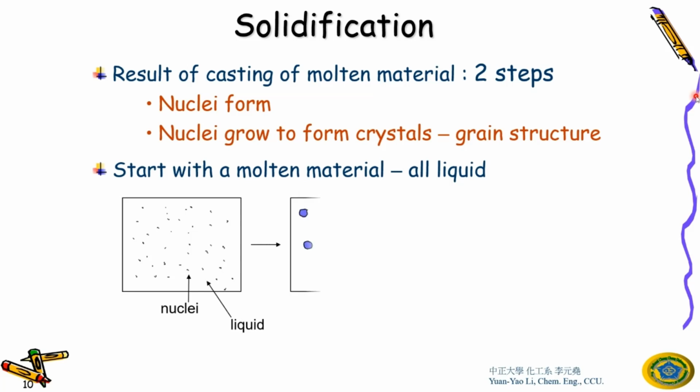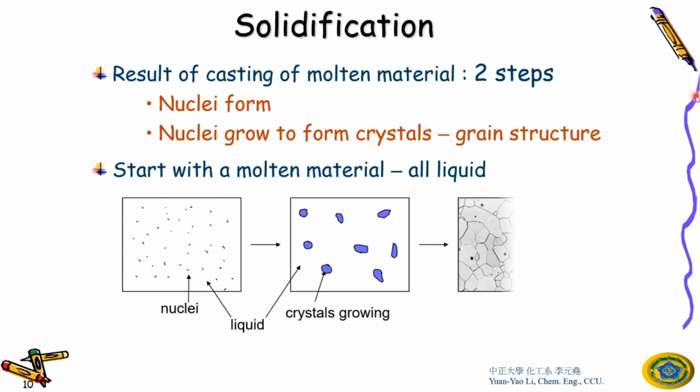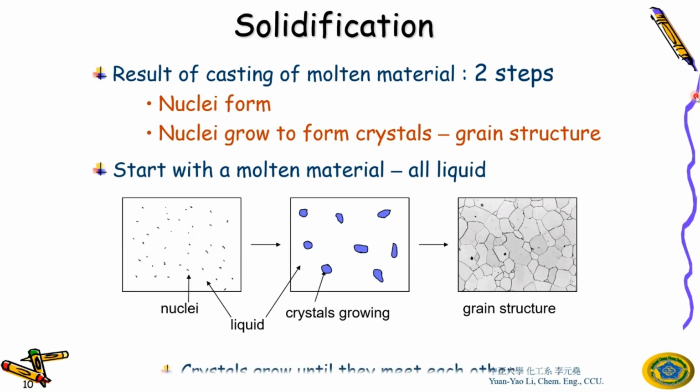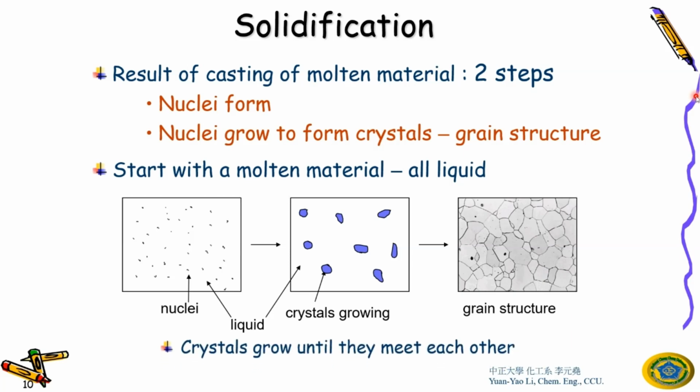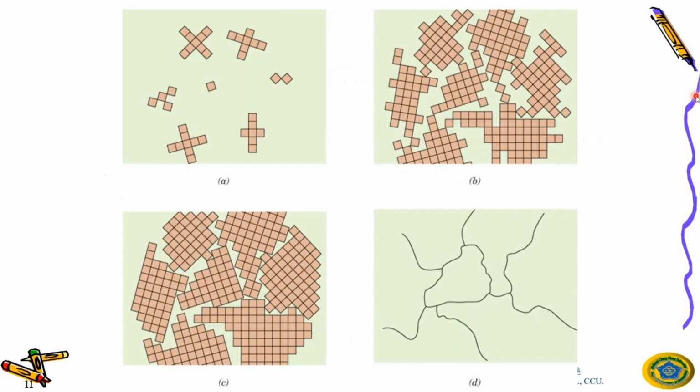And then you decrease the temperature, and from nuclei you get small grains, right? Small grains. And then from small grains to bigger grains. So this is called grain structure. Okay, very easy. So this is how it looks from A to B to C, and then D can represent this.